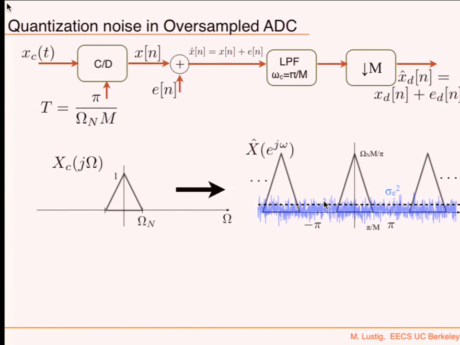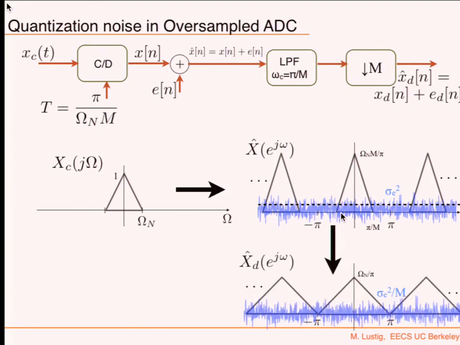What is the power of the noise? It's just the noise that is overlapping with our signal. So it's the integration of sigma square over that bandwidth. Hence, when I downsample, my signal is going to be omega sub n over pi in its amplitude.